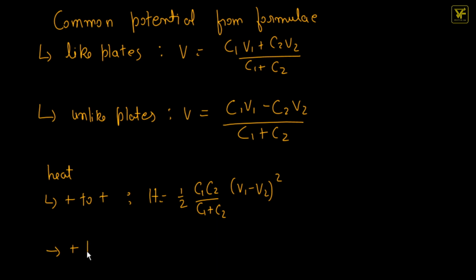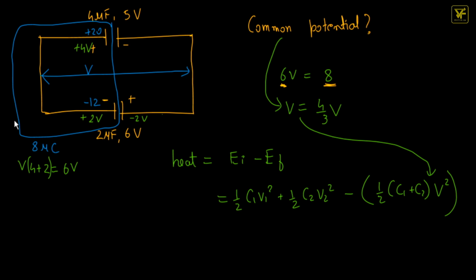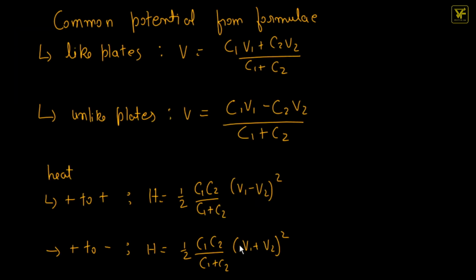And when it is connected positive to negative, the formula for heat is half C1 C2 by C1 plus C2 times V1 plus V2 whole square. Now I am not deriving this formula, and there's not even a need to derive it, because you know how to find the heat even if you don't remember this formula. If you remember it directly, it is well and good. If you don't remember, even then you can find it out.